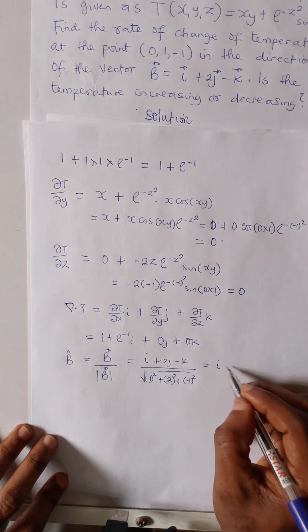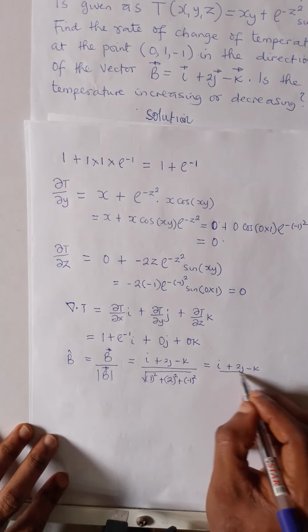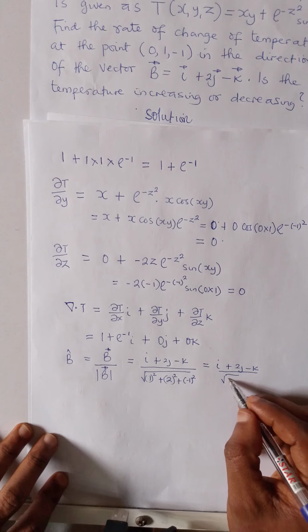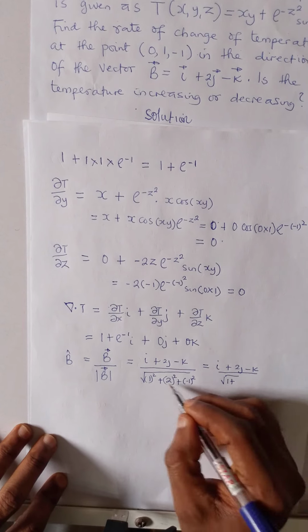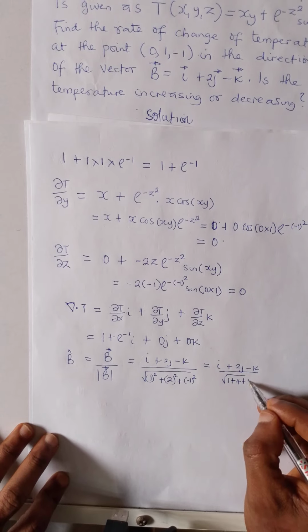So this is going to give us i plus 2j minus k all over root of 1 plus 2, 1 squared is 1, plus 2 squared is 4, plus minus 1 squared is 1.